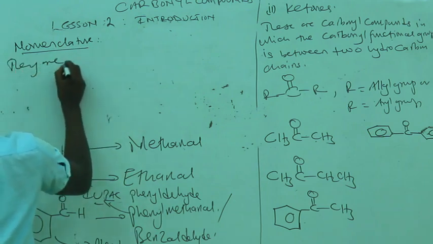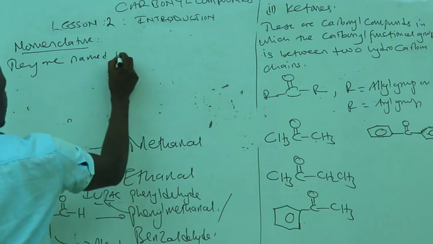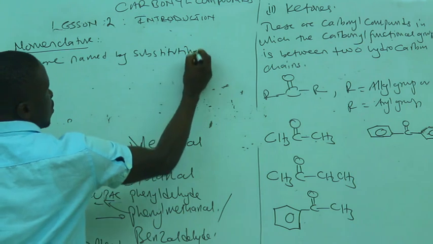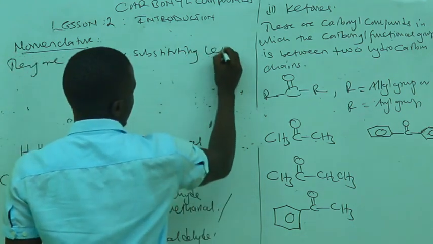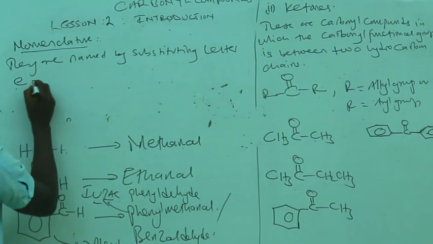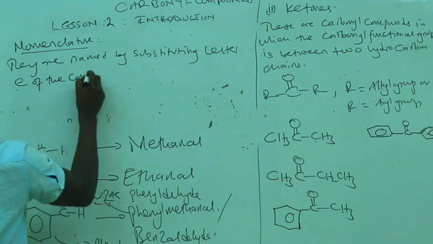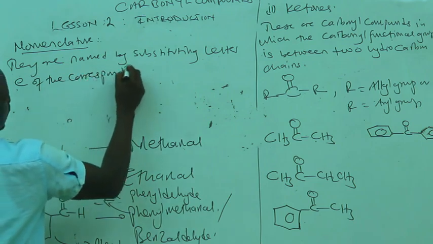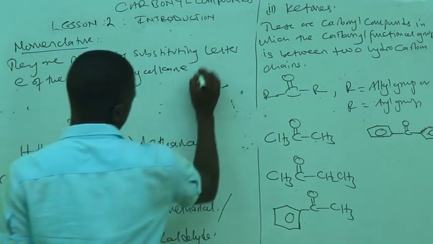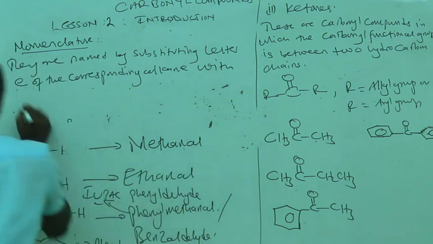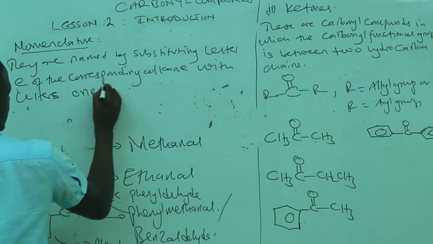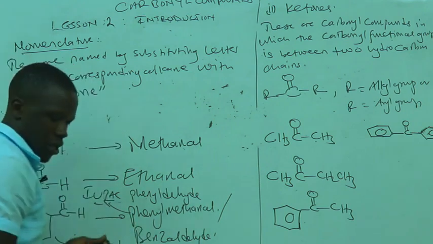They are named by substituting letter E of the corresponding alkane with letters ONE.